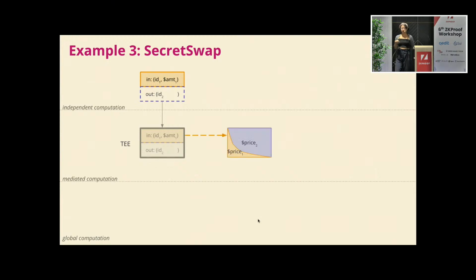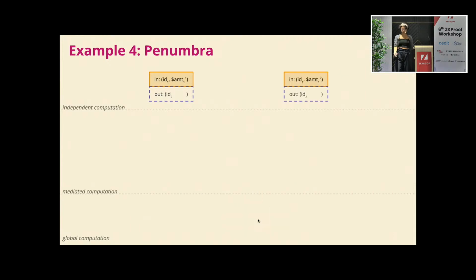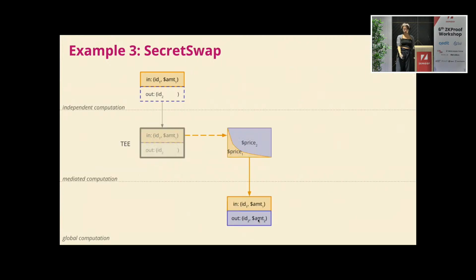Inside the TEE, this is decrypted and executed against a public liquidity position. Then the output of the trade is encrypted to the user. And of course, the price change on the liquidity pool is public.